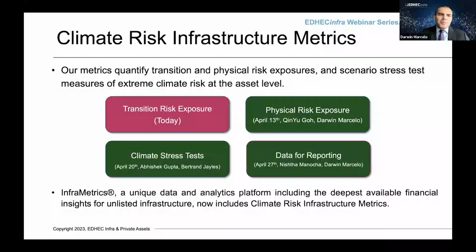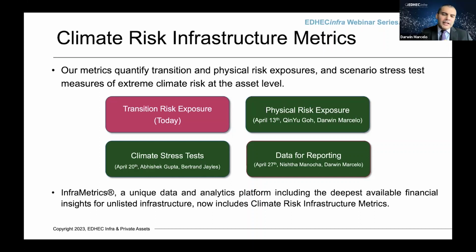More specifically, in terms of the climate risk infrastructure metrics, we have divided this product in 4 big subcomponents. The first one, which is the one Fabien is going to be talking about today, is about transition risk exposure. The next week, we will be talking about physical risk exposure metrics, followed by climate stress tests.